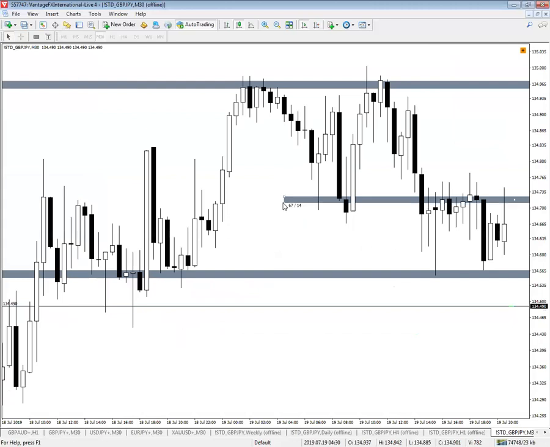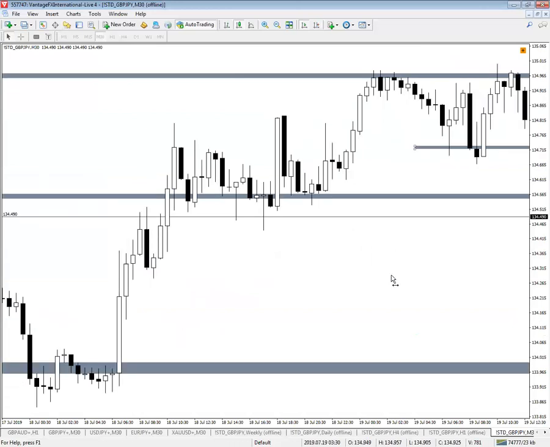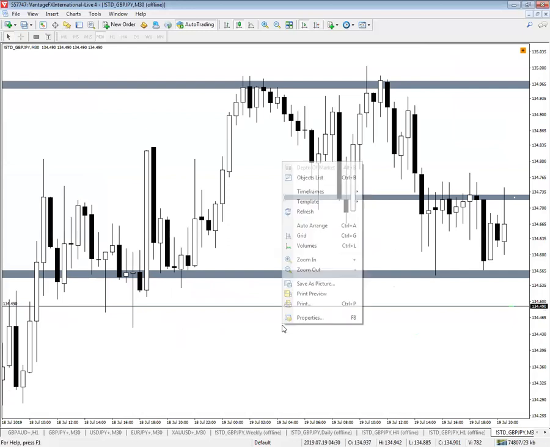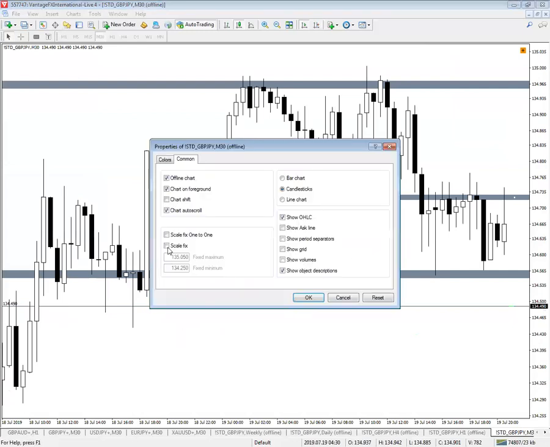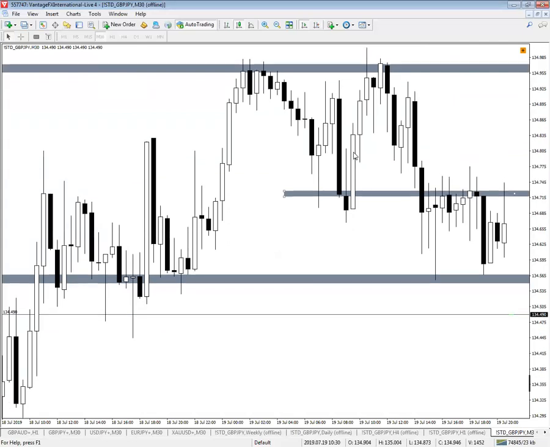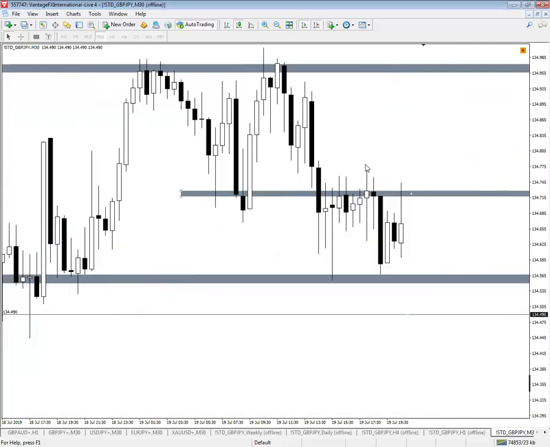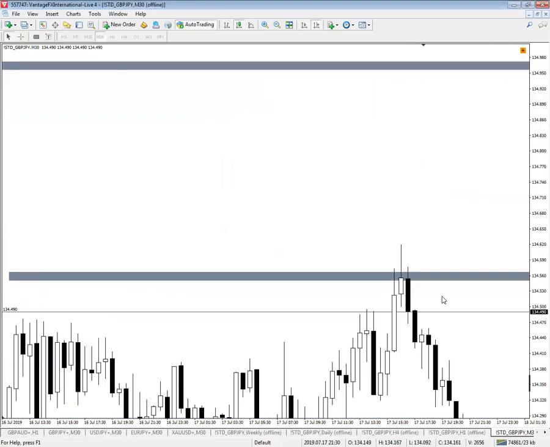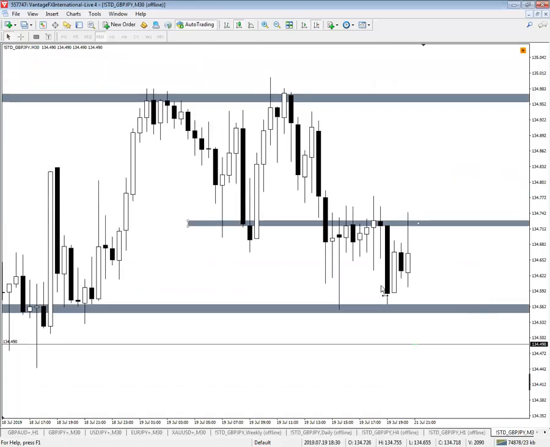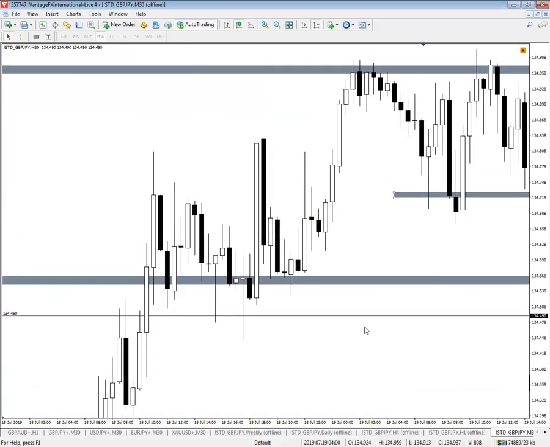Looking at the 30-minute, this is our most recent resistance up over here. Let me just scale to fix. Cool. Looking on the 30-minute, we have this support down over here.